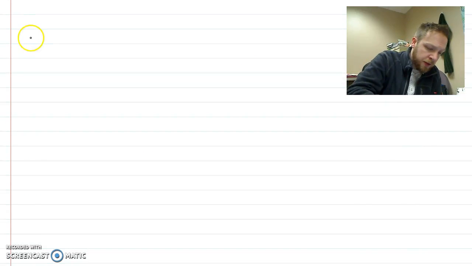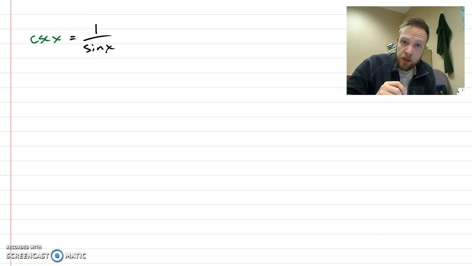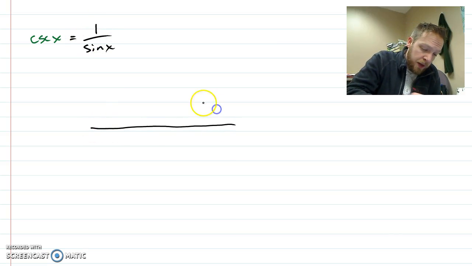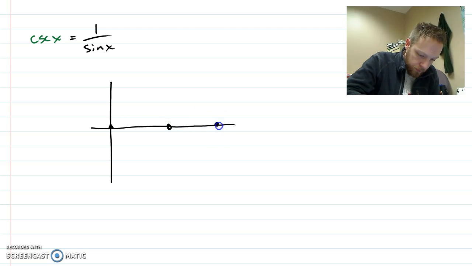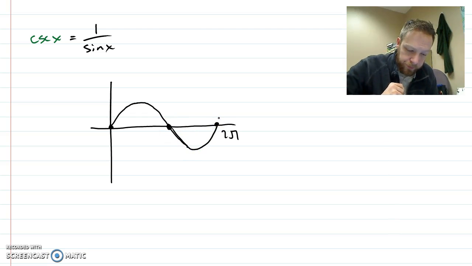Cosecant we can do really quickly then. Cosecant of x is the same as 1 over sine of x. So the plain old cosecant is going to have the sine as its basis. And sine, after 2 pi, will have gone up, have gone down, like that. So I'm going to draw my asymptotes.